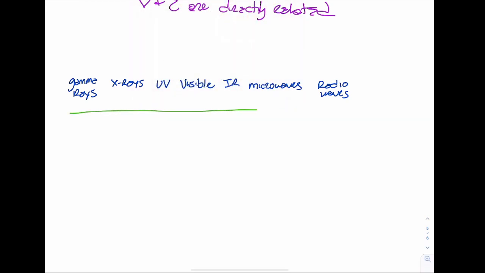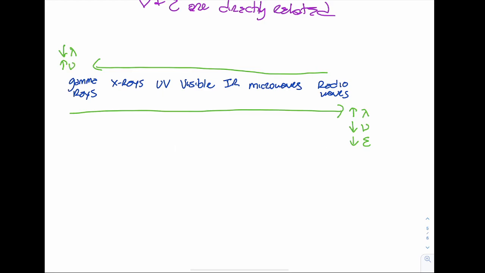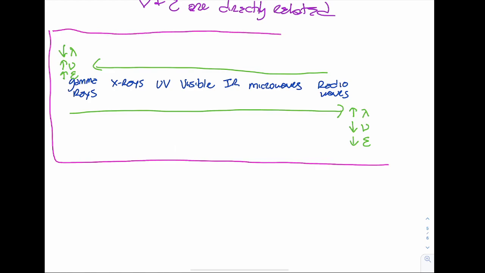As we went in this direction, we said that we had larger wavelengths, which means we have smaller frequency, which means we have less energy. As we go in this direction, we have smaller wavelengths, so we have higher frequency, so we have higher energy. So that's our electromagnetic spectrum.